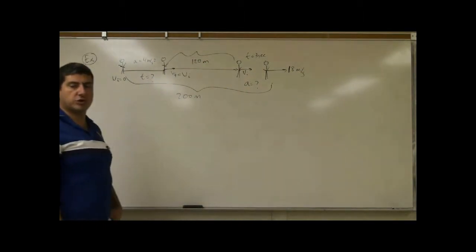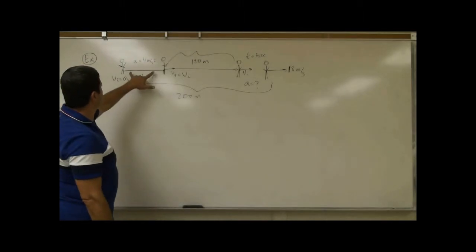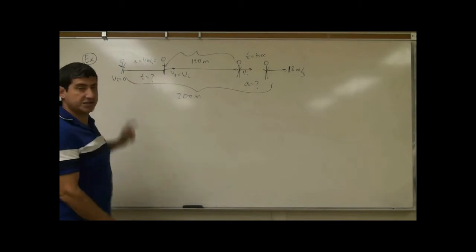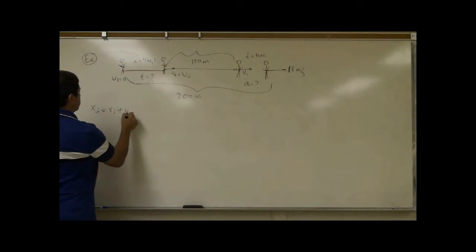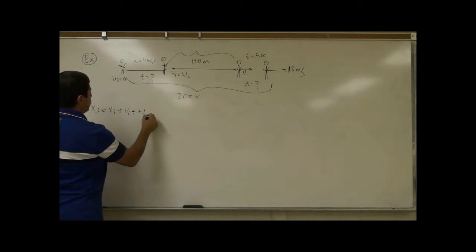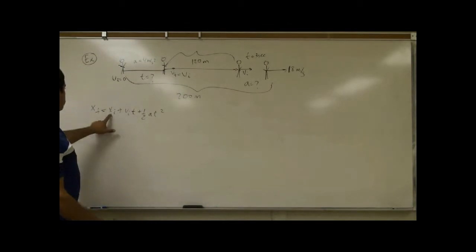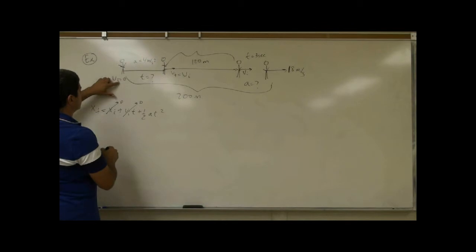So how can we put all of this together? Using the equations of kinematics, we can find out the distance that she would have covered in the first stage. X final is equal to X initial plus V initial t plus half a t squared. So we use the second equation of kinematics, right? Her X initial is 0. Her V initial is 0 over here, starting out.